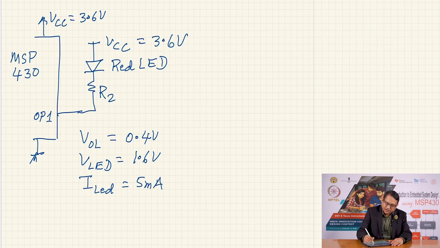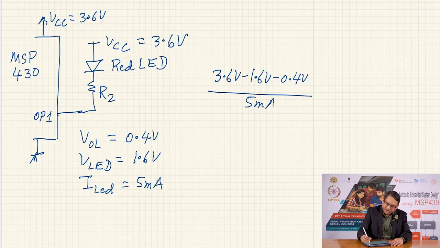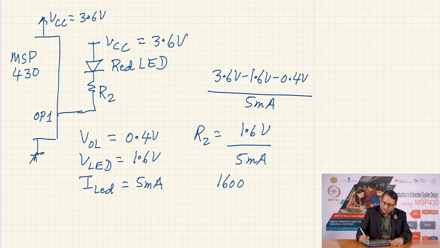Now, the calculation will be 3.6 volts minus VLED, which is 1.6 volt, minus the VOL output, which in this case is 0.4 volts, divided by 5 milliampere. Therefore, the resistor R2 is equal to 1.6 volt, because this is 2 minus 0.4, 1.6 divided by 5 milliampere, and now this is about 1600 ohm divided by 5.